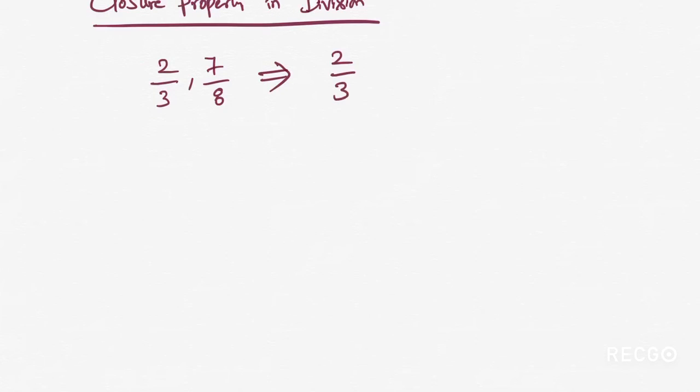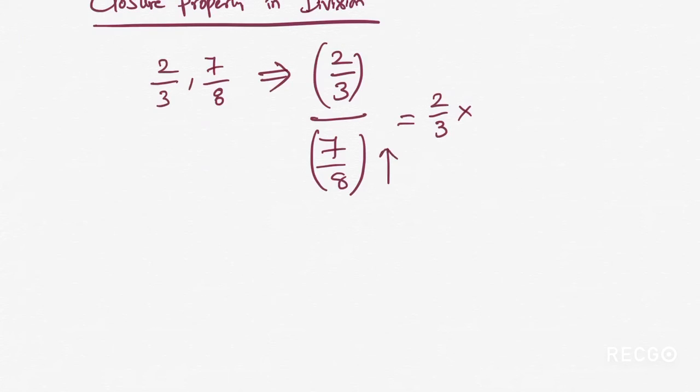When we divide 2 by 3 by 7 by 8, what we have to do is keep the first fraction the same and invert the second one upside down. Therefore, the answer is 16 by 21. This is also a rational number. Therefore, the closure property will be satisfied in division also.